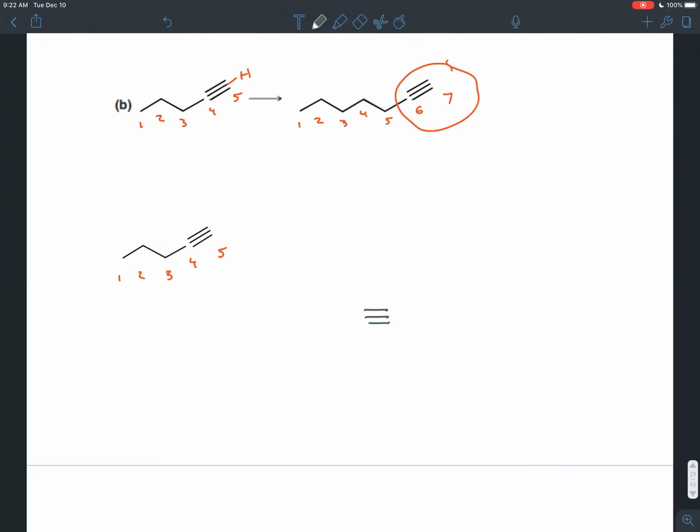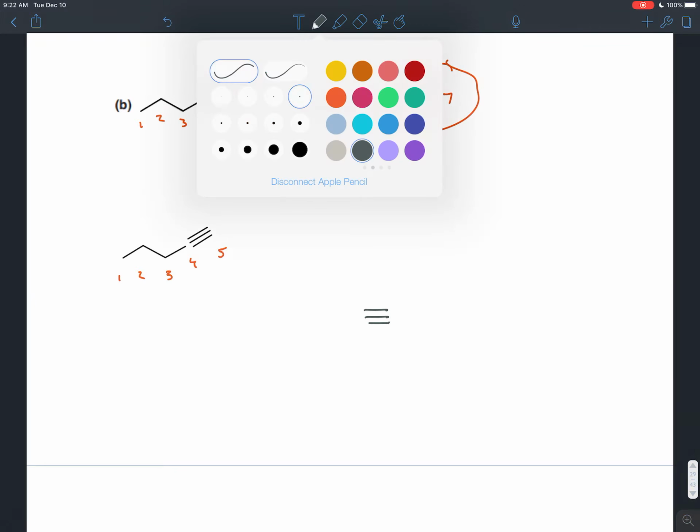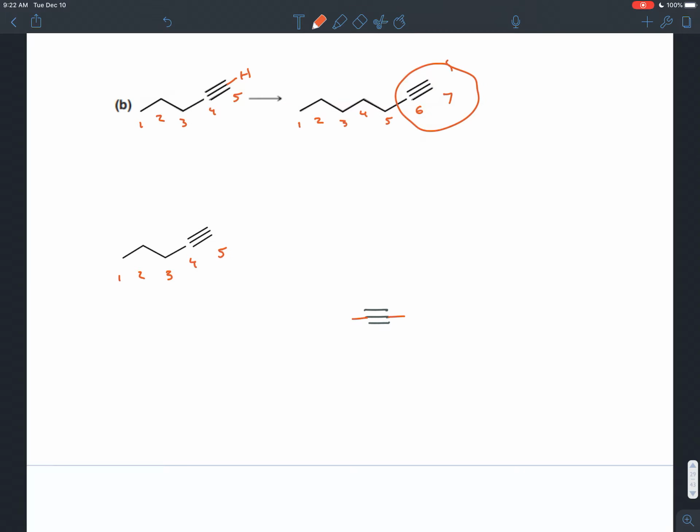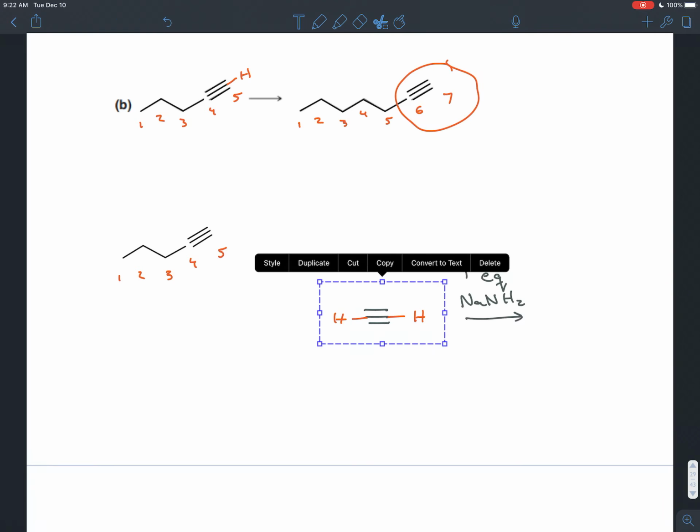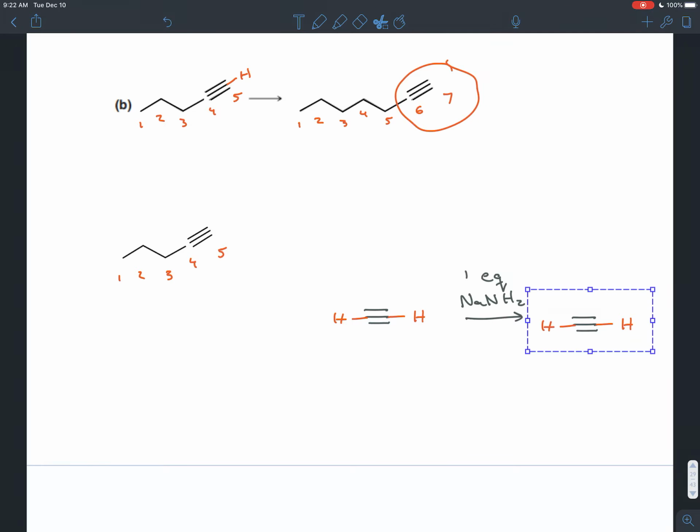So if we take ethyne or acetylene, we know there's a hydrogen on both sides. If we treat that with 1 equivalent of sodium amide, it'll rip one of those hydrogens off and turn that molecule into a nucleophile.